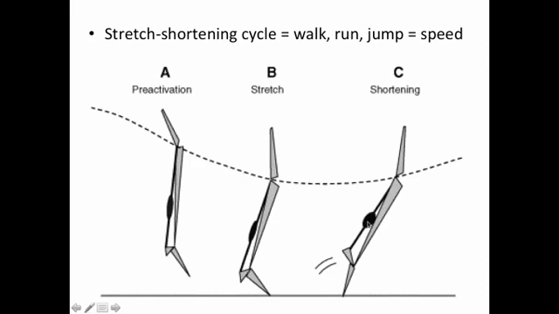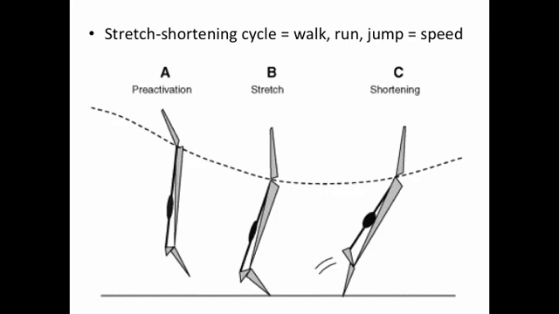And then you have a shortening phase where the muscle and the tendon tends to shorten, and some of that energy that was stored in the tendon is then harnessed and released. So this is our stretch shortening cycle, and a very, very important function of tendon.